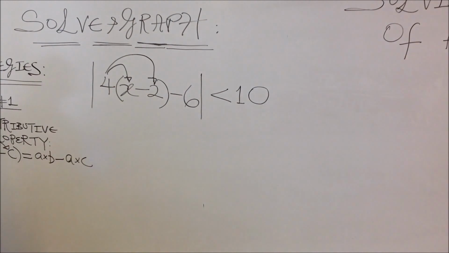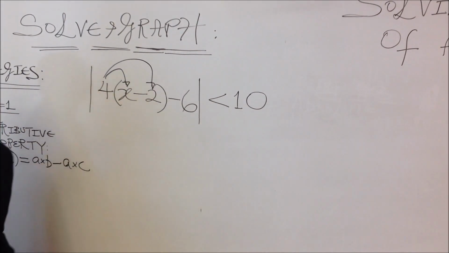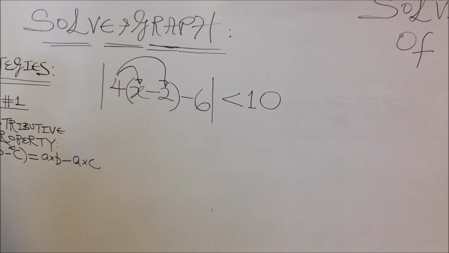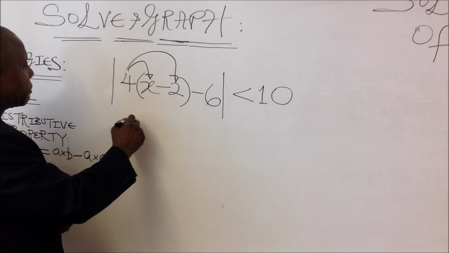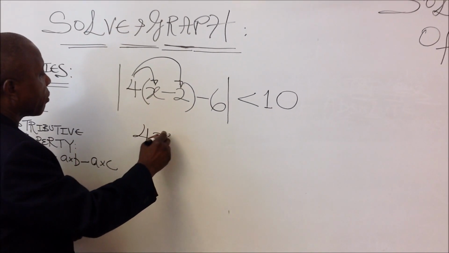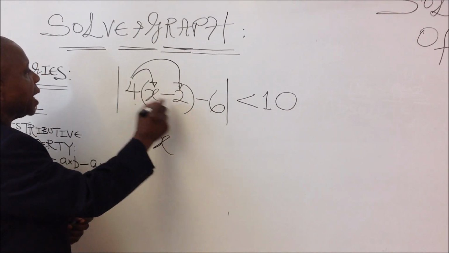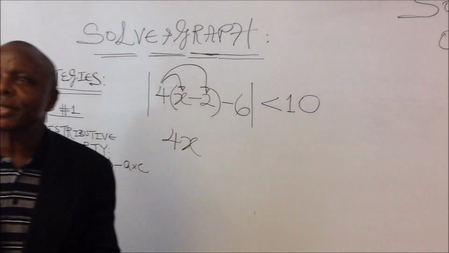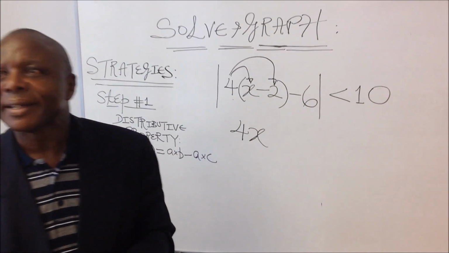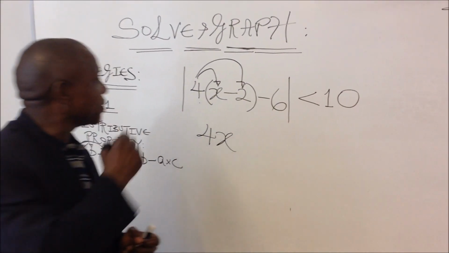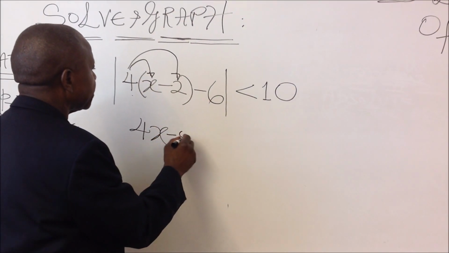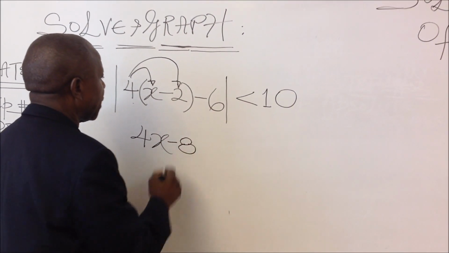So what is 4 times X? Well, 4 times X is 4X. And what is 4 times negative 2? 4 times negative 2, of course, will be negative 8.